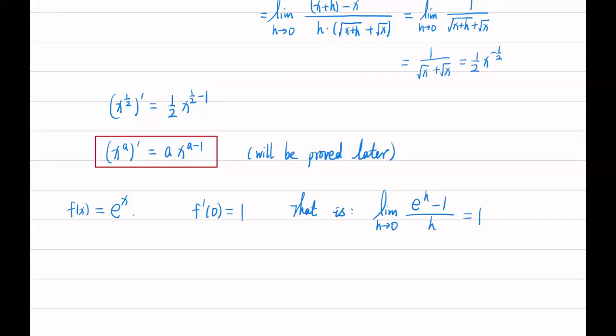So we know the derivative at one point. Now we will use this knowledge to find the derivative at any point. We want to find the derivative function.